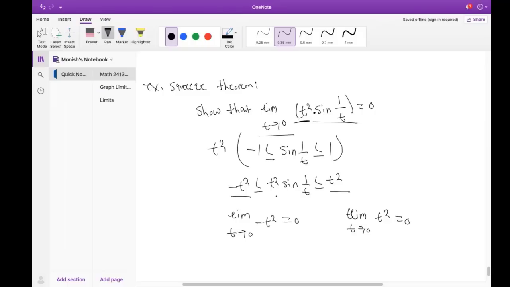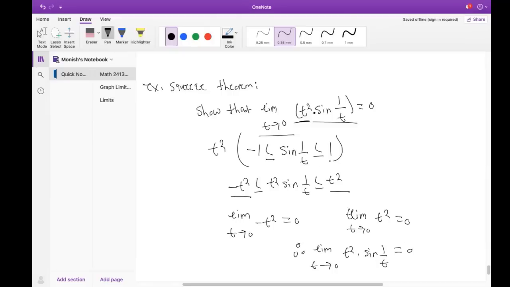And like you said, it's kind of like meeting at a point. Since I know that the limit of both of these is 0, I can say that therefore the limit as t approaches 0 of t squared times sine of 1 over t is also 0.